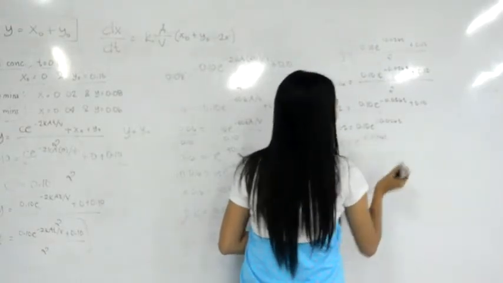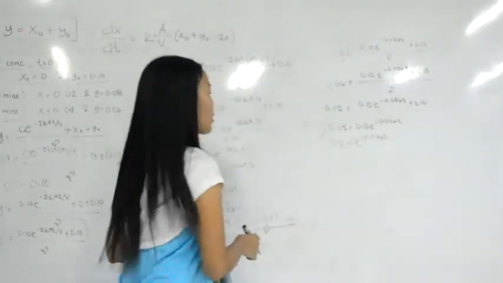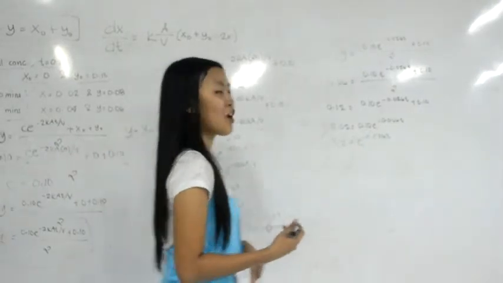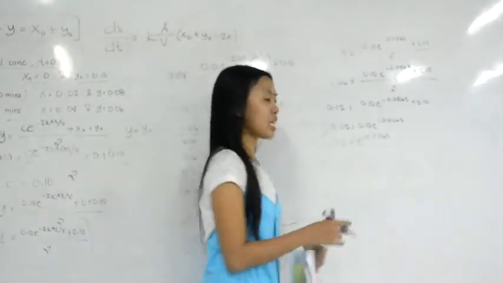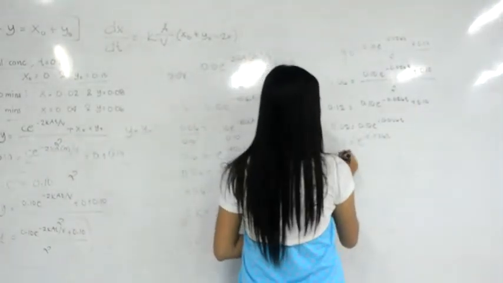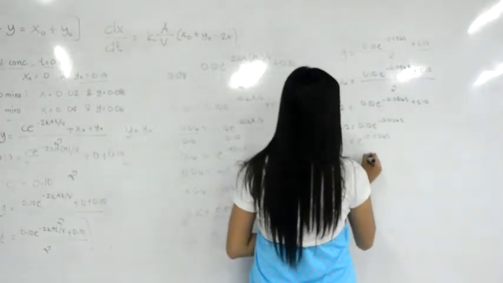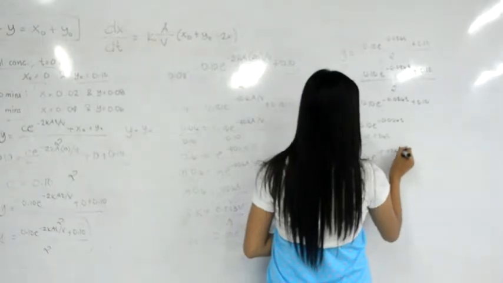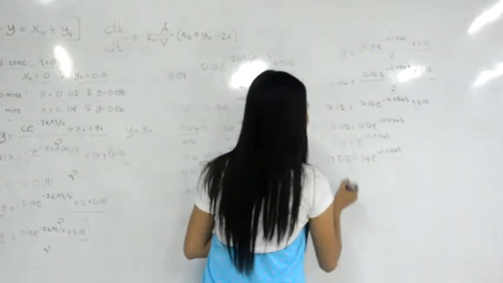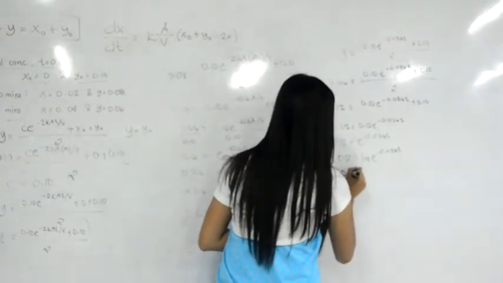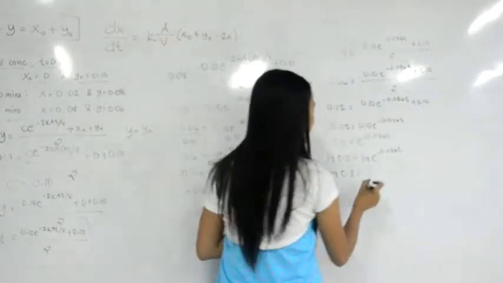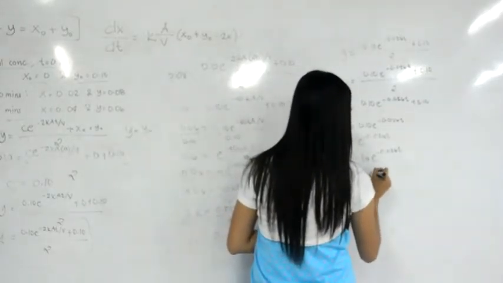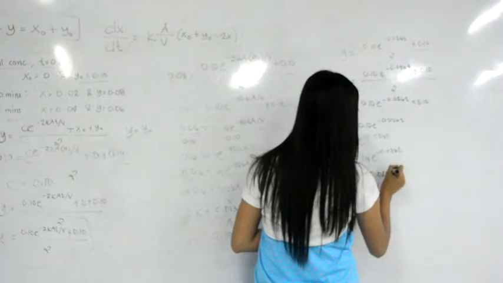As I've stated before, we're going to take ln of both sides for us to remove the e. So this now becomes ln of 0.2 is equal to ln of e to the negative 0.026 t, which becomes ln of 0.2 is equal to negative 0.026 t.